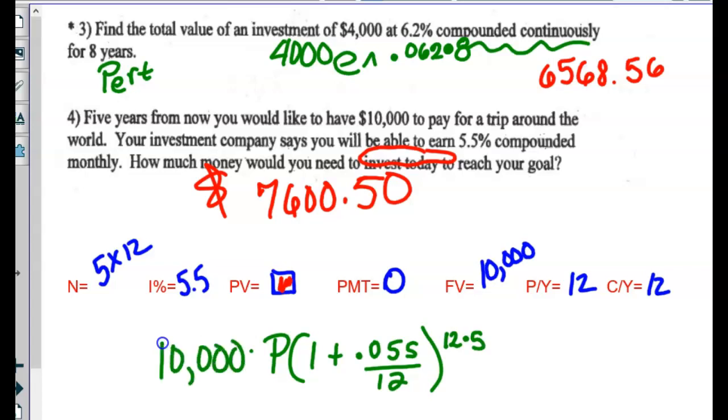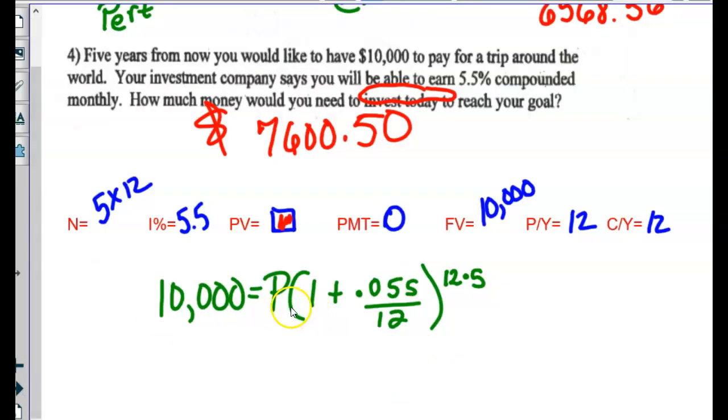How would we have solved that on our calculator, guys? What do we need to do to find P? Yeah, we would just take all of this and divide it.